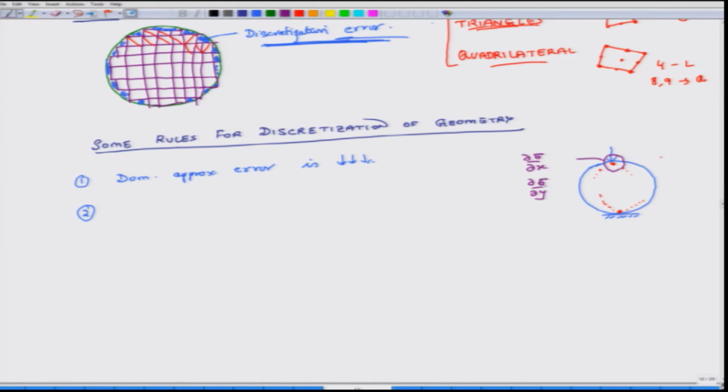So, gradient of stress in x and y directions at this point, will it be high or low? It will be high. So, in this region the gradient of the solution is high, in the green region, the gradient is not that high.